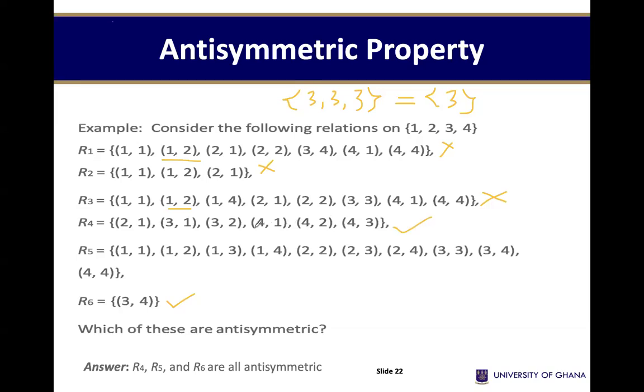And then lastly, if 1 is related to 2, there's no 2 is related to 1. Can you see that? Yes. If 1 is related to 3, there's no 3 is related to 1. If 1 is related to 4, there's no 4 related to 1.